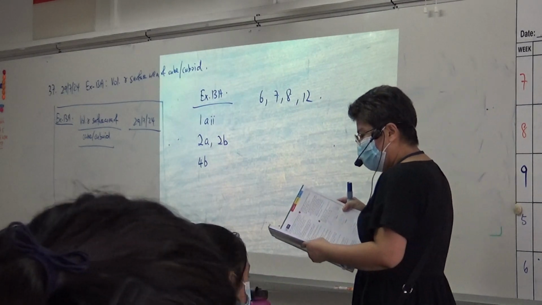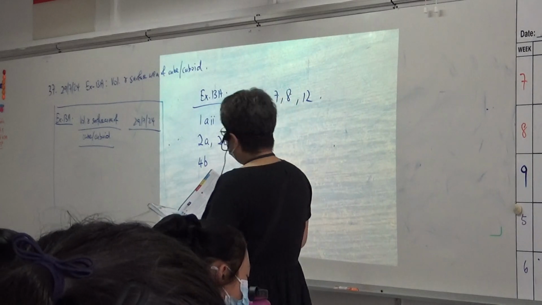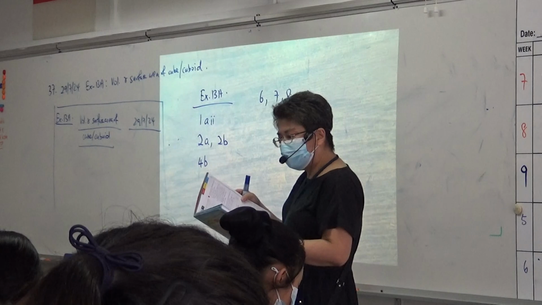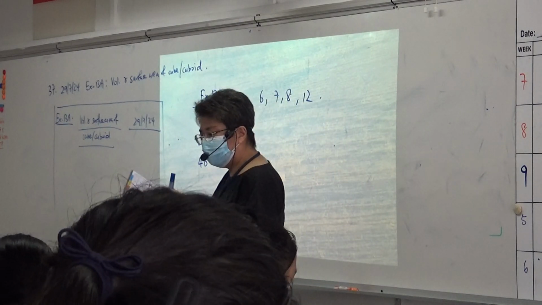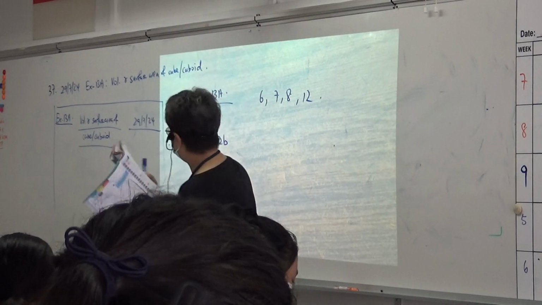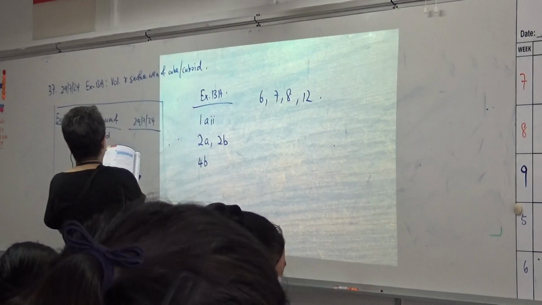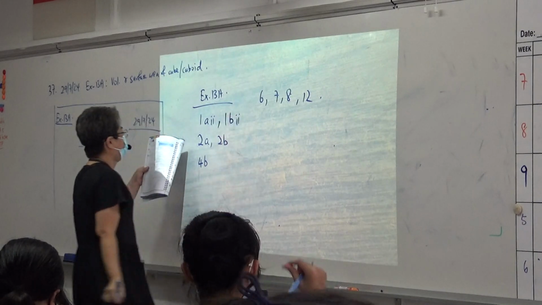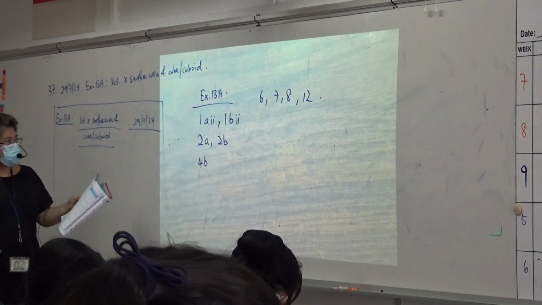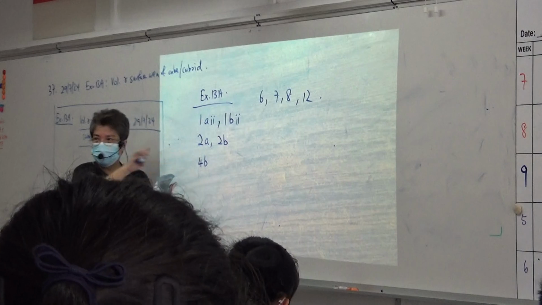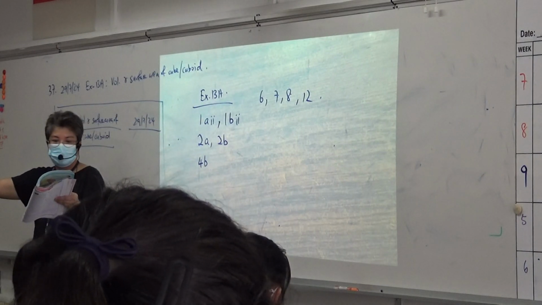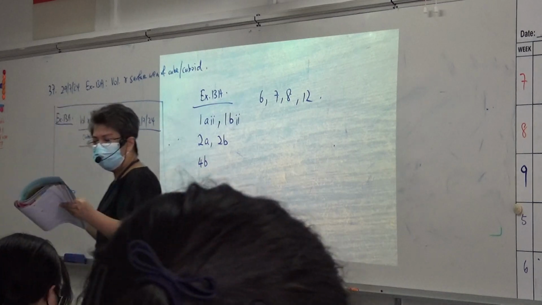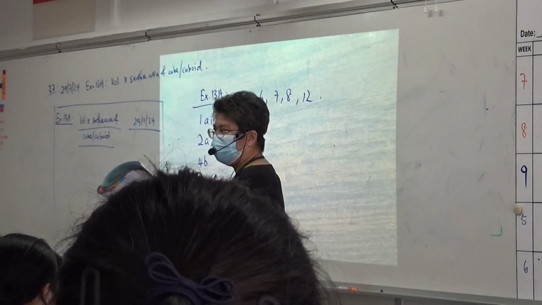Okay. Now, 1A part 2 says what? Express each of the following in cm cube, right? Question 4, 4B. Now, for question 4, can all of the whole class read the question for me?